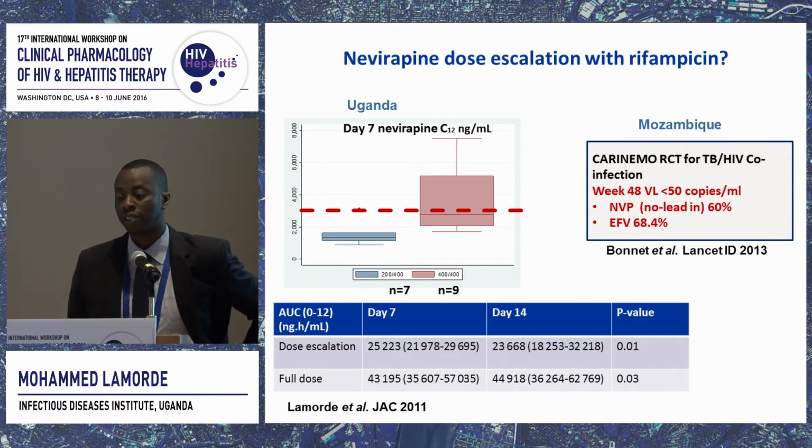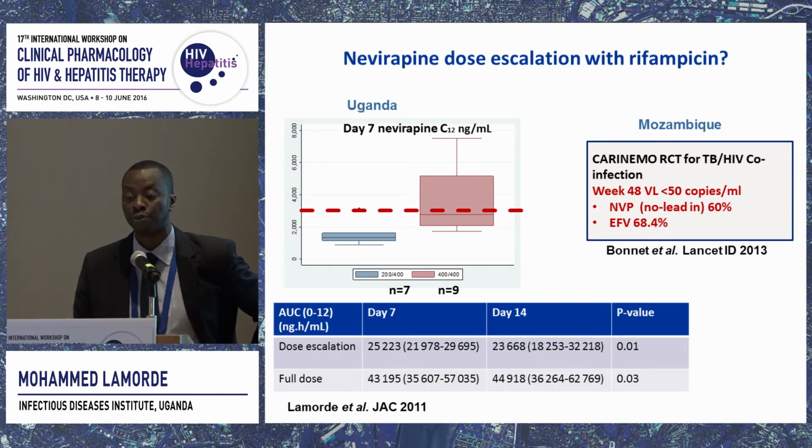The red interrupted line really refers to the MEC, which is about 3,000 nanograms per mil for nevirapine. We found that at 7 days into treatment with a lead-in, concentrations were quite below 3,000 nanograms per mil for actually most patients in the dose escalation arm. And even with the full dose, there were still quite a number of patients that had subtherapeutic concentrations after 7 days of treatment.